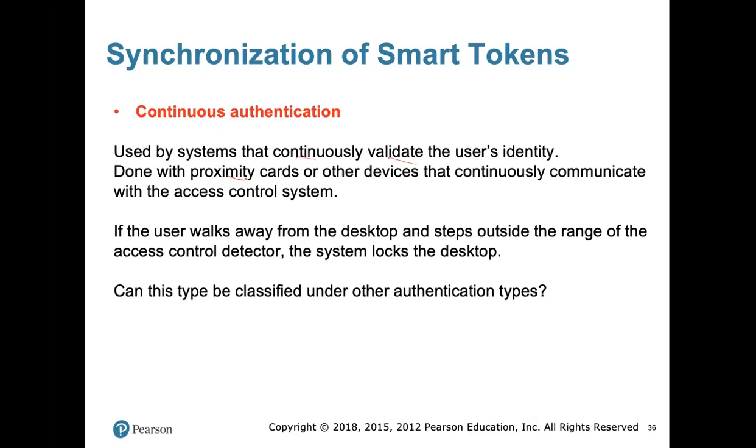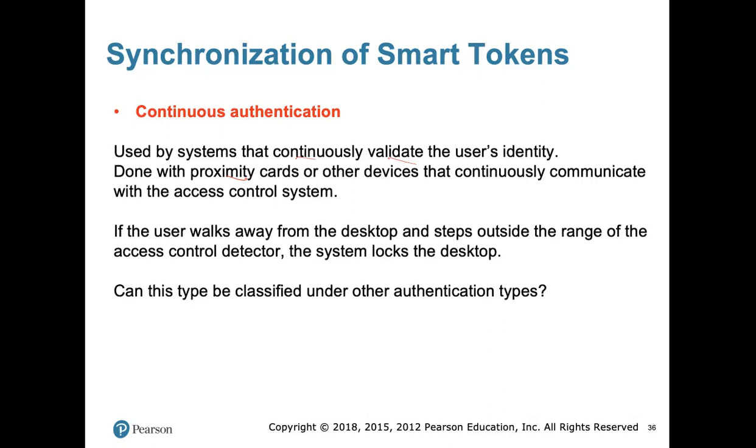So if you are close to that authentication server, when I say you, I mean the token, of course. You as a user possess that token. For example, it is in your pocket and you are using that token. If you're in close proximity to the authentication server, you are being authenticated continuously. You are being identified all the time, and the server trusts you.